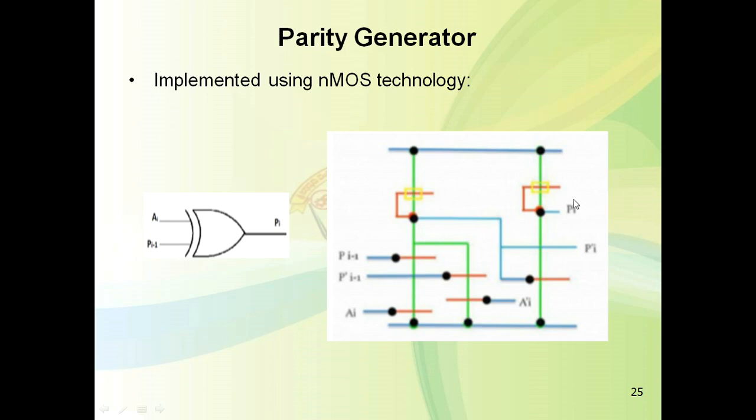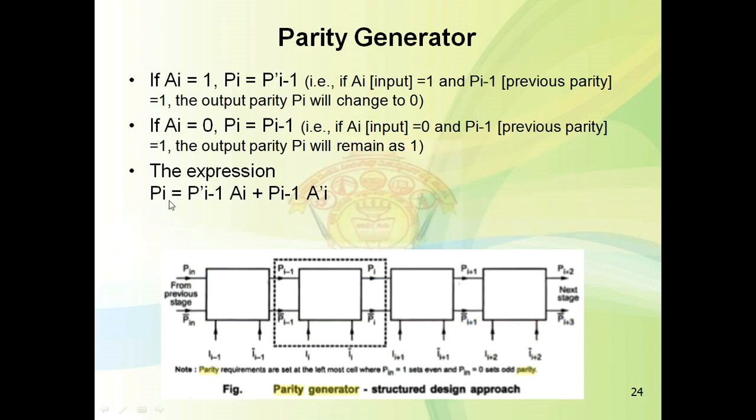Now, what is the previous equation? Pi is equal to P(i-1) dash into Ai plus P(i-1) into Ai dash.